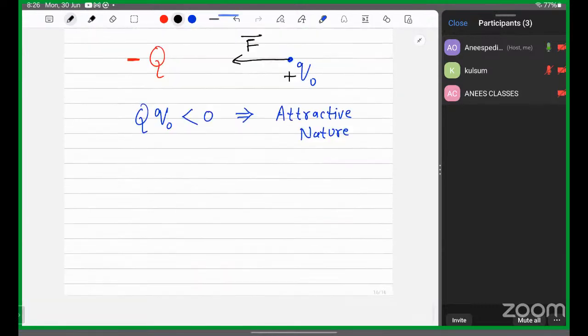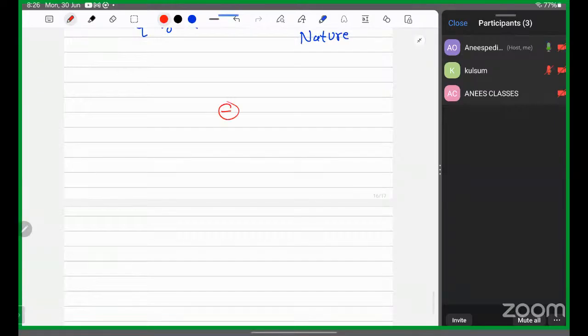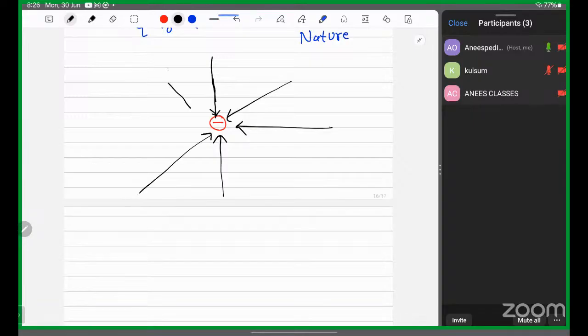So this suggests that if we have a charge with negative polarity, the electric field is going to be towards the negative charge. So we can represent it like this. This will be the direction of electric field. The arrow indicates the direction of electric field. Arrows are coming towards the charge with negative polarity. So this will be taken as the direction of electric field.